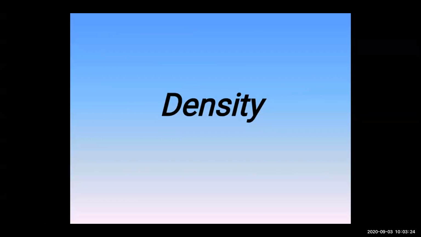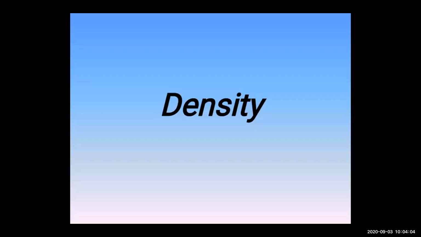Now let's study density in simple words. First we will understand what density is in simple words. Then we will learn with the geographical explanation. Now what is density? Density is a word we use to describe how much space an object or substance takes up in relation to the amount of matter in that object or substance.